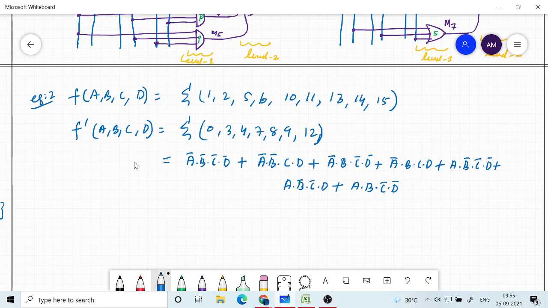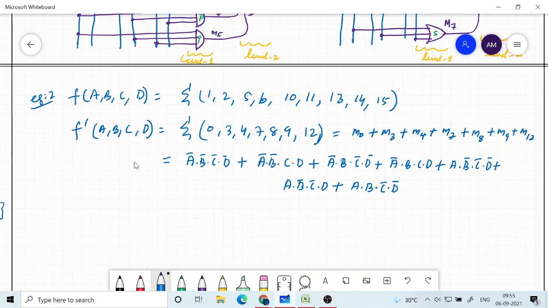So these are the 7 terms, m0, m3, m4, m7, and then m8, m9, m12.